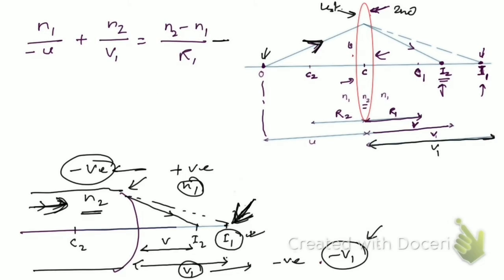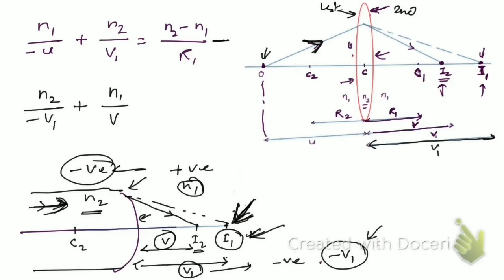So that's why here instead of n1 we're gonna write n2, and instead of minus u we're gonna write minus v1, because now I1 is considered as the virtual object for this second surface. And n2 will be replaced by n1, and the final image is I2 and the image distance is v.